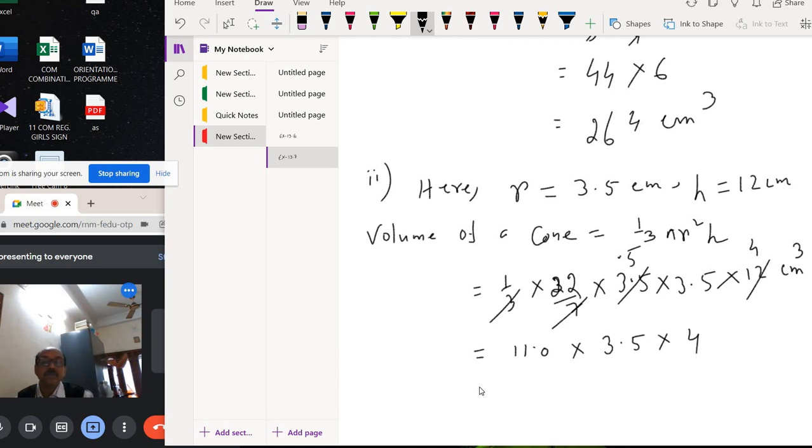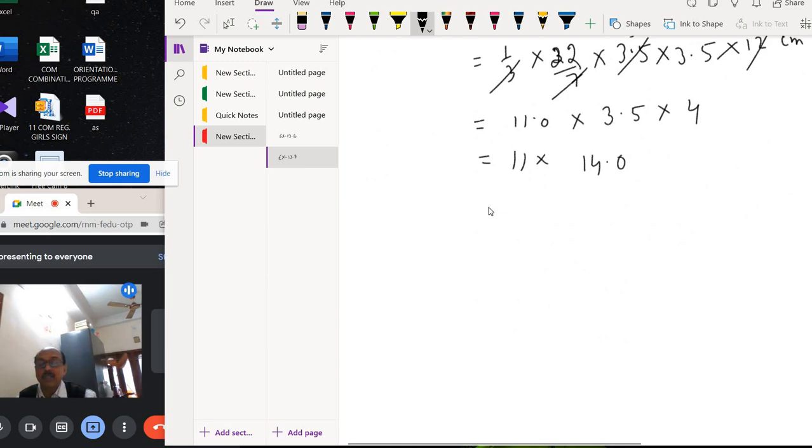Now 11 into 14: 14 times 10 is 140, plus 14 is 154. So the answer is 154 centimeter cube. Okay, clear? Yes, sir, clear.